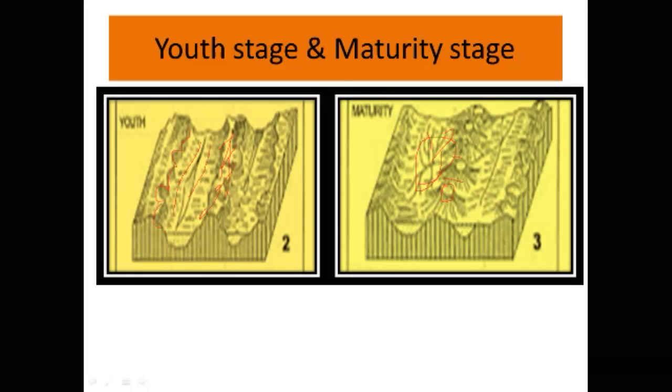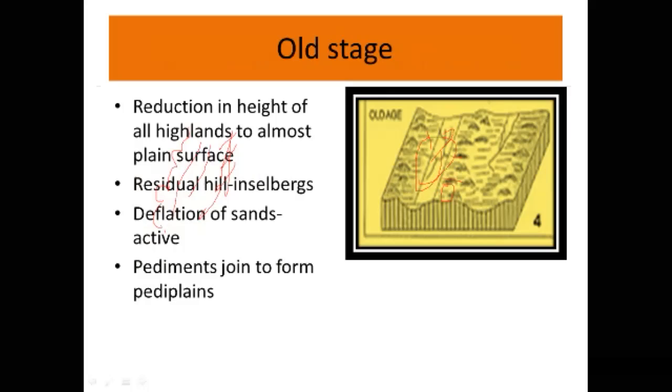So next is the old stage. In the old stage, a reduction of height is significantly happening. Here in this image itself, we can see the height has reduced significantly. Almost a flat surface has formed here. Uncertain residual hills are there.